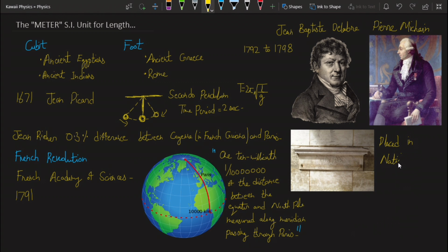That selected meter was placed in the National Archives on 22 June 1799, and that bar came to be known as the meter.